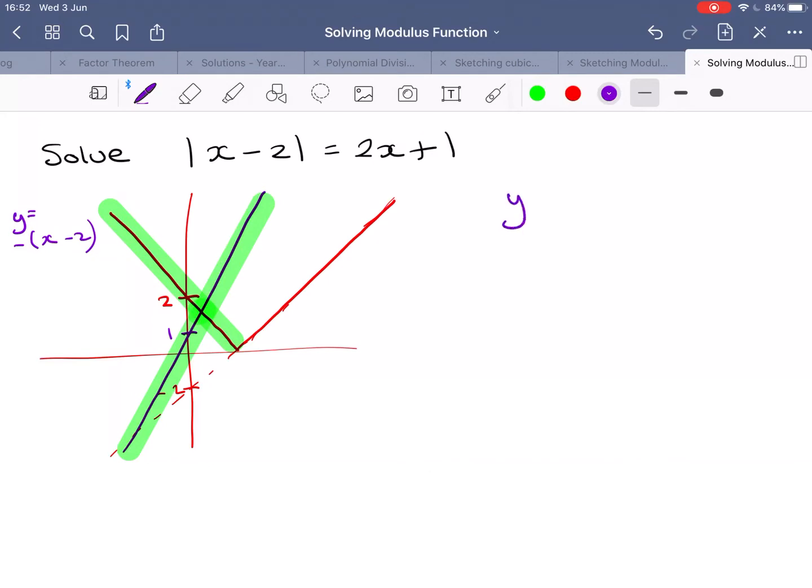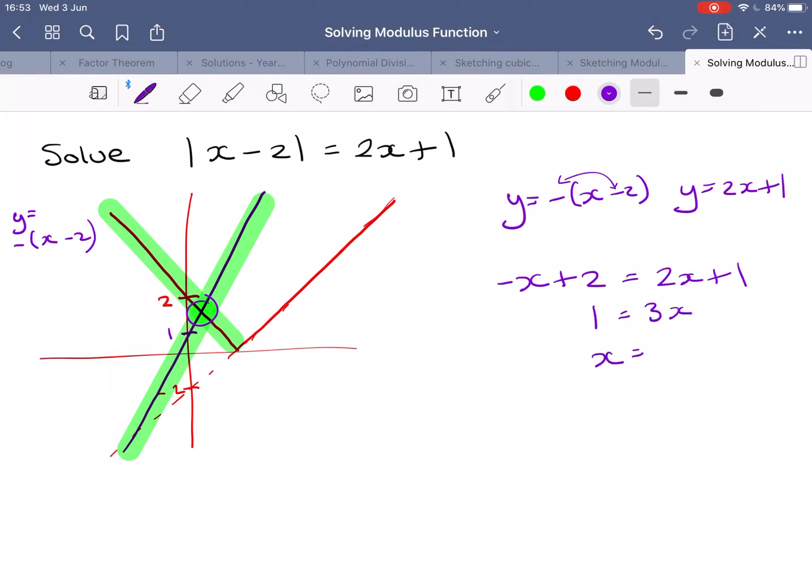So I want to know where y equals minus x plus 2 and the line y equals 2x plus 1 meet, because that's the point I'm looking at here. So I have minus x plus 2. Again, don't be forgetting this double negative business here. Equals 2x plus 1. Add x to both sides, take away 1, you get 1 equals 3x. So x equals 1/3. And again, that looks relatively right.